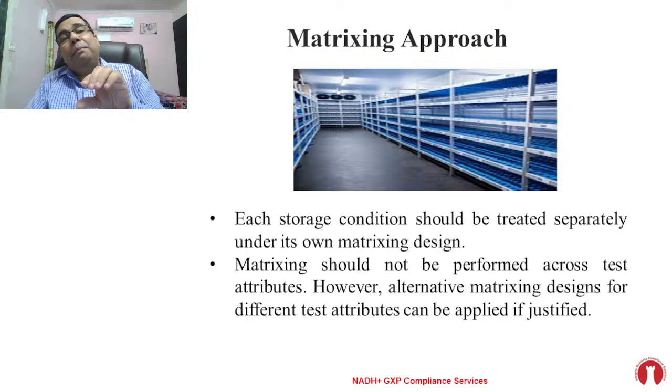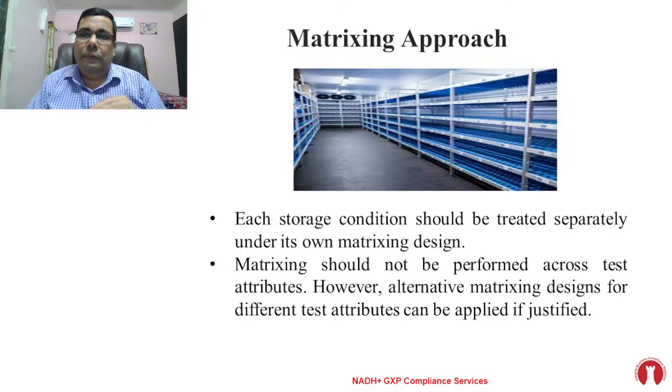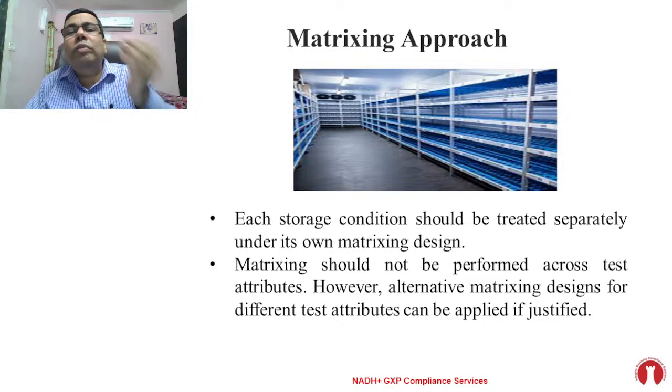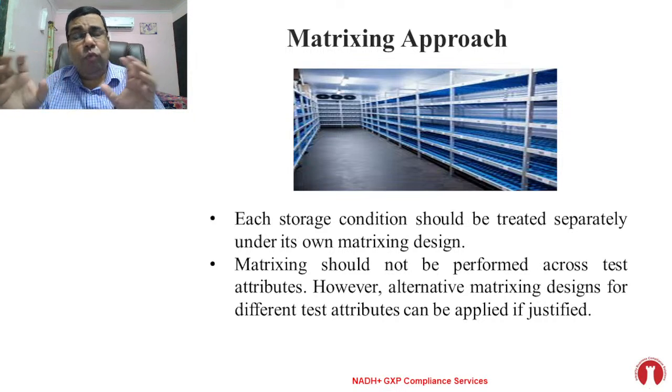But if under one sample there are 5 or 6 tests, related substances, identification, assay, dissolution, or content, whatever, content means assay, potency, or other tests also, you should not reduce the tests under that particular sample if you are performing the matrixing approach. Of course, that also can be done, but it needs some justification why you need to do this.